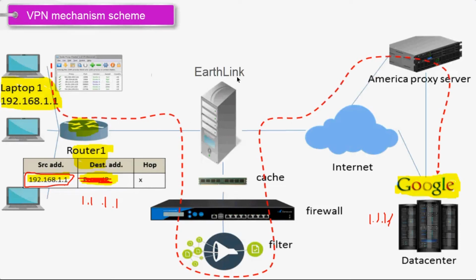Then it will go to Earthlink, which is an Internet Service Provider. In the Internet Service Provider, there is a proxy, but here it is not a proxy ID. When I say proxy, it means alternative. It means someone who does something instead of you. For example, I want someone to do something instead of me, so he's my proxy.